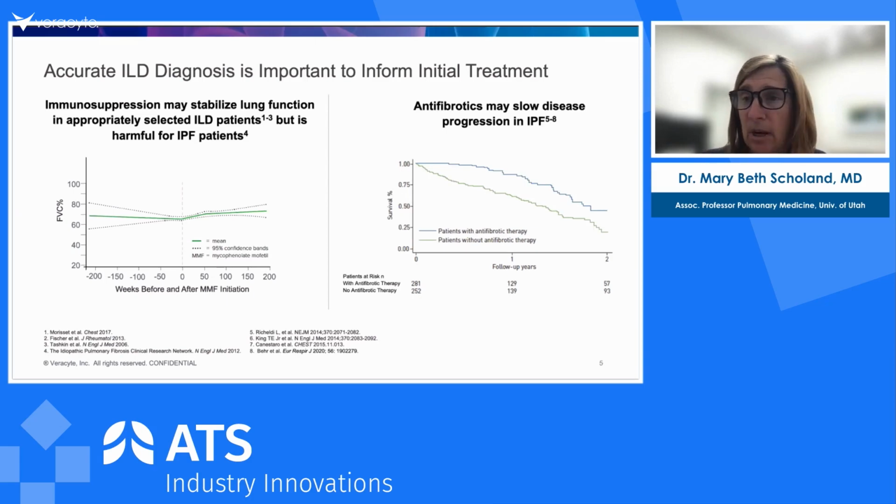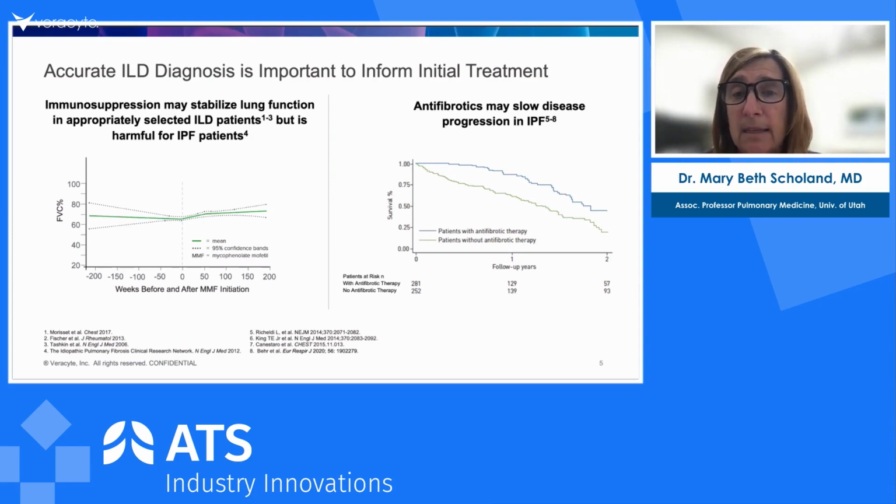But what's not shown here, and what we know from the NIH-sponsored clinical trial looking at immunosuppression in IPF, is that we actually can cause harm using these exact same medicines, immunosuppression, in the setting of IPF. So being more precise and clear on what we're looking at can help us decide whether medicine that we're thinking about is either going to be helpful or harmful.